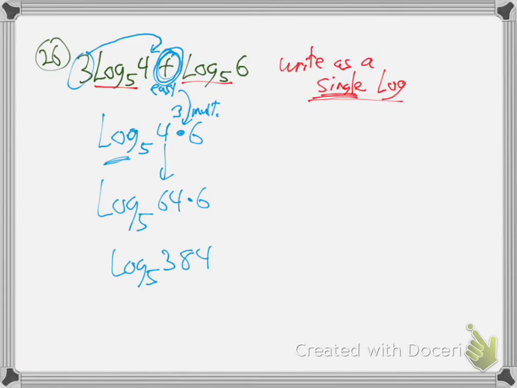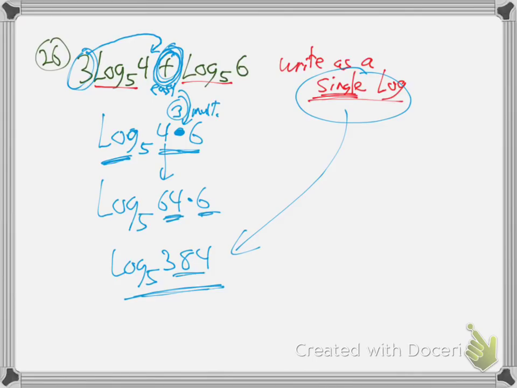Yeah, 384. So there we go. What did we do? We made it into 1 log using the properties. Adding for 2 logs becomes times for just 1 log, and numbers in the front go to the power zone. And then we just work this out. 4 to the third, that's 4 times 4 times 4 is 64, times 6 is 384.